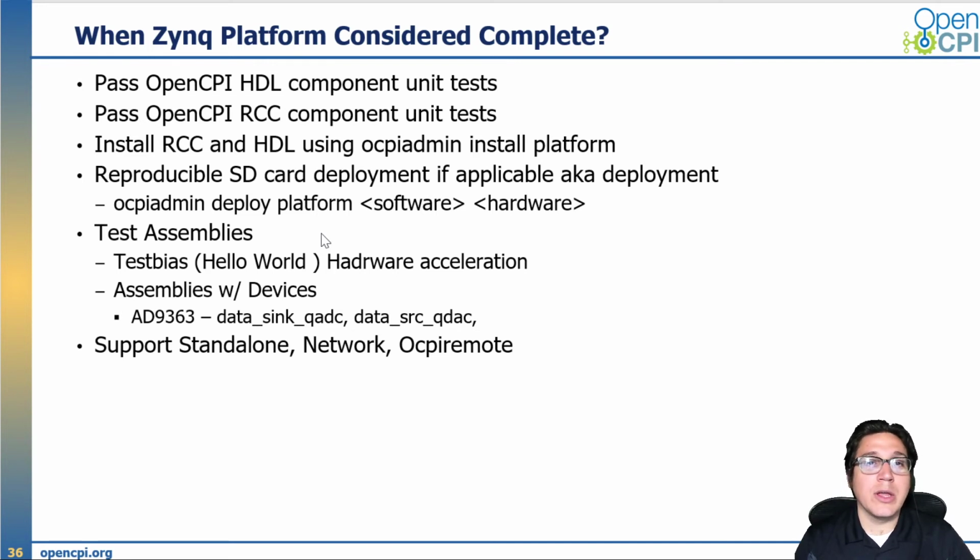The network mode utilizes NFS on the development host to share all the executables that have been cross-compiled for the target, and/or artifacts, and make them available, so you're not using any of the space on the embedded target. It's good for debugging. And standalone is where all those files are located on the platform itself and require no network connection at all. Those are the three modes of platform development.